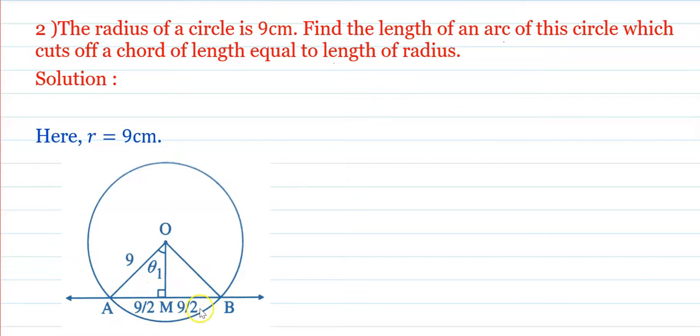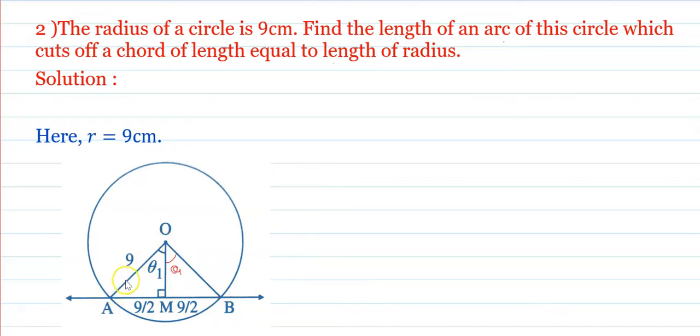To find out this arc AB, the length of arc is equal to r into theta. R is there, and we want to find out this theta, the angle at the center. What is the condition? The length of this chord AB is equal to the radius of the circle.